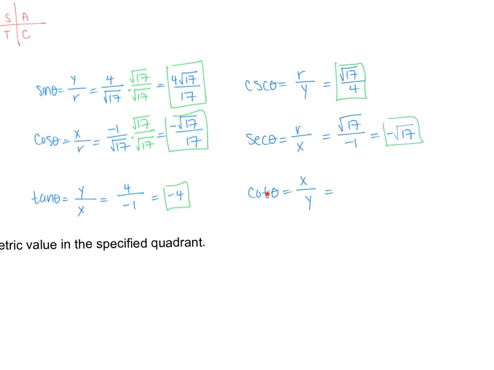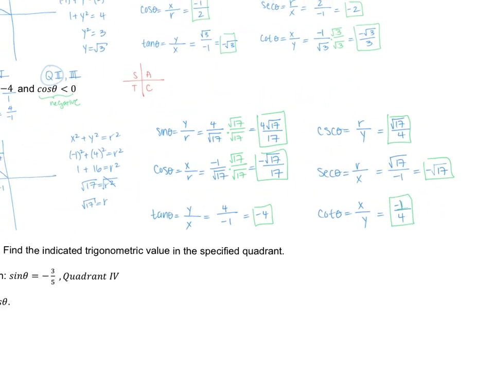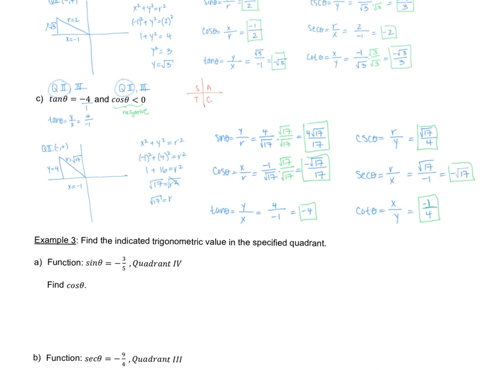And then finally, cotangent here is x over y. So if I were to flip this here, I would have negative 1 over 4, which I could just leave my answer like that. There would not be much of anything I could do to reduce that. And then that there is all my 6 trig functions.